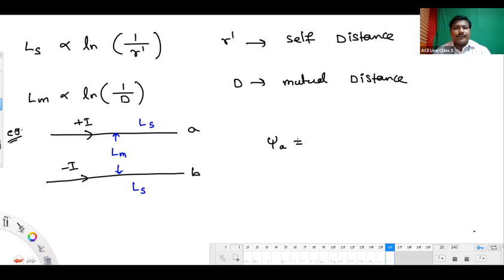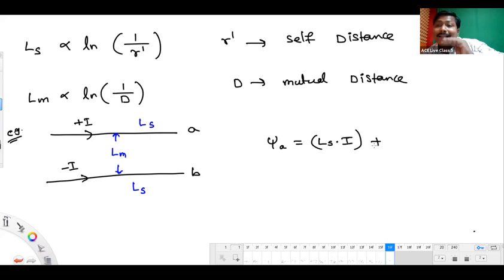As far as this diagram is concerned, flux linkages of conductor A means first I should take self linkages, next I should take mutual linkages. What are the self linkages? Inductance into current is one formula for flux linkage. So Ls into I is the self linkages of conductor A.